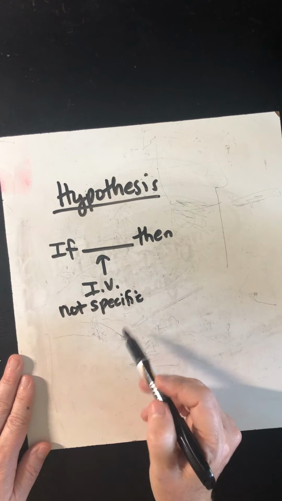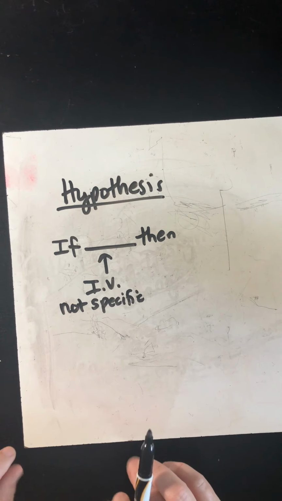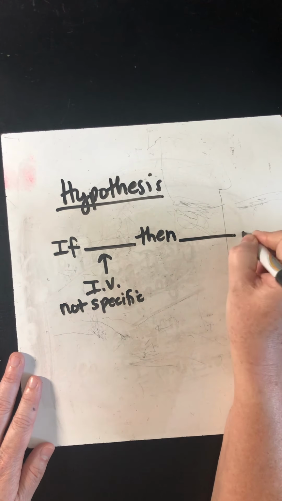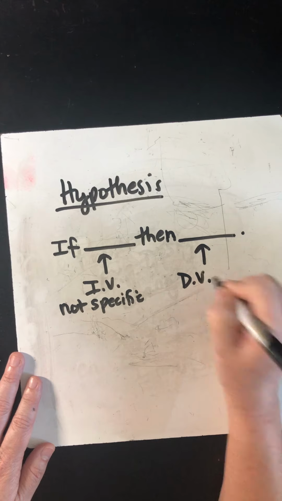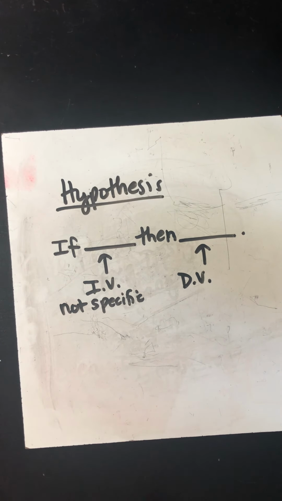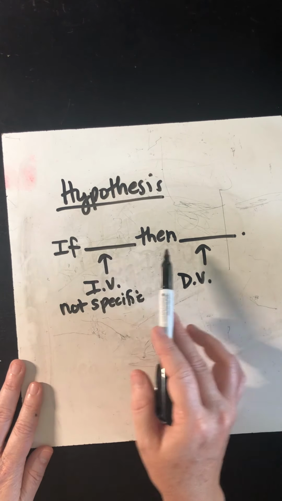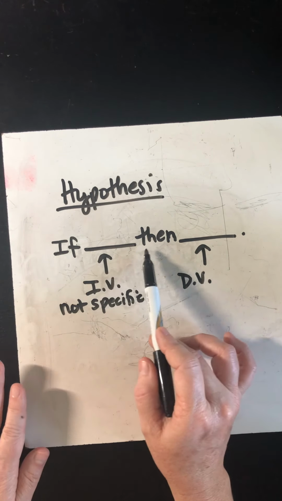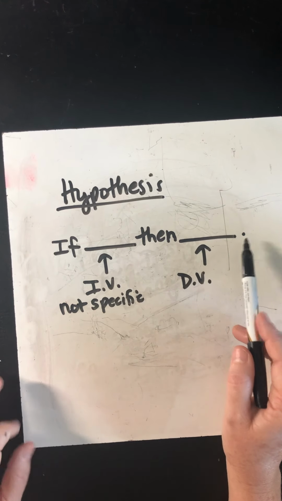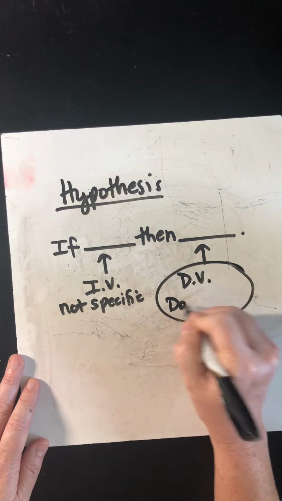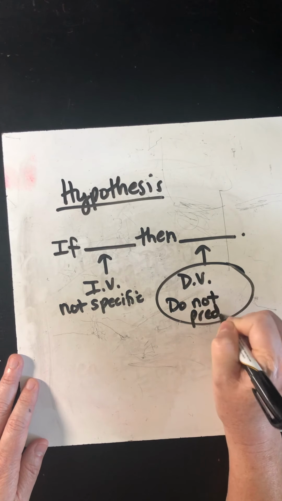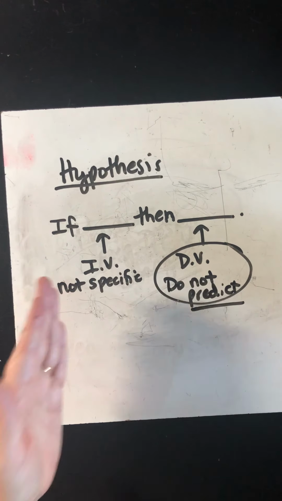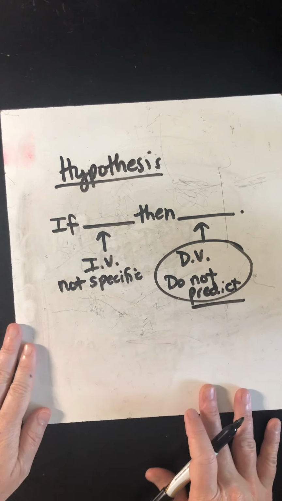But if I do this, change the temperature, change the pH, change the amount of water, give them food options, then the dependent variable will occur. Once again, I'm not being specific. If I change the temperature, then the growth rate will change. If I change the pH, then the lifespan will change. Do not predict here. This is very, very vanilla. Your hypothesis is if I do this, then I think this will happen.